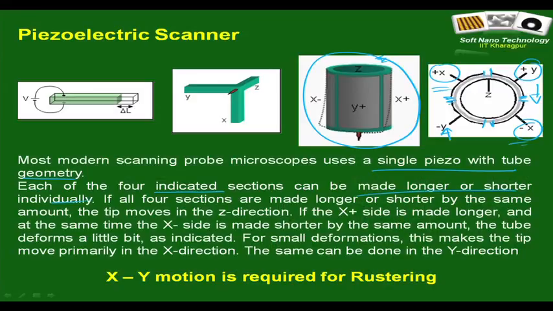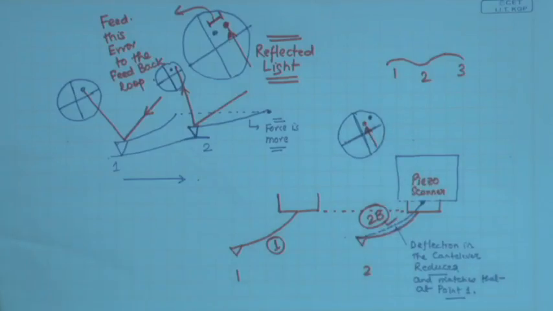If you want to adjust the height of the piezo at every point, like when you realize that the new point where your cantilever has reached has a different elevation as compared to the earlier point, you feed the voltage to the piezo in such a way that all the 4 sections expand or contract by the same amount, and therefore you have a vertical movement, either upward or downward, to readjust the location of the reflected point to the set point value.